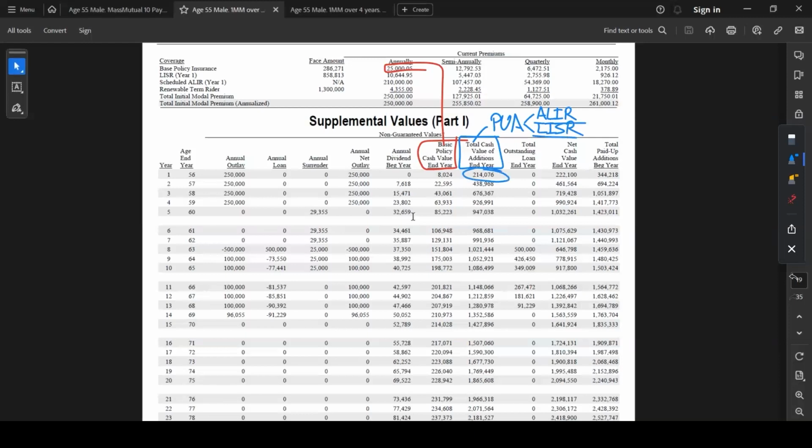So this simply represents how much of your PUA payment shows up in cash value net, and then as time passes and dividends are applied, it also factors in that. What the total cash value of additions column does not include is any cash value buildup from base premium dollars. That's in the column prior in the basic policy cash value end year. Very easy to follow, right?